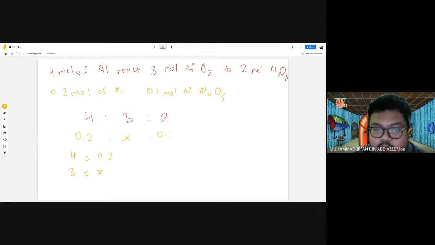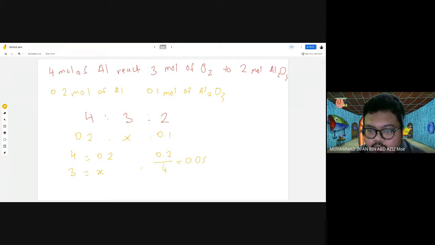Paling senang lah, 0.2 divide by 4. So, akan dapat 0.05. Okay, apakah maksud 0.05 ni? For every 1 mole ni, is equal to 0.05 lah untuk that question ni.